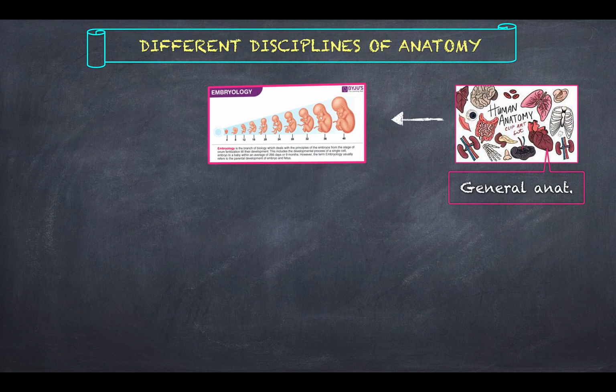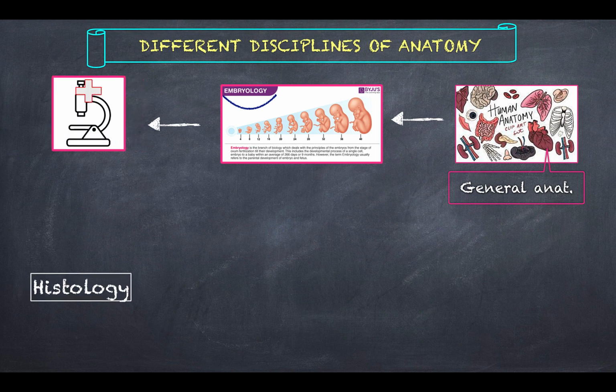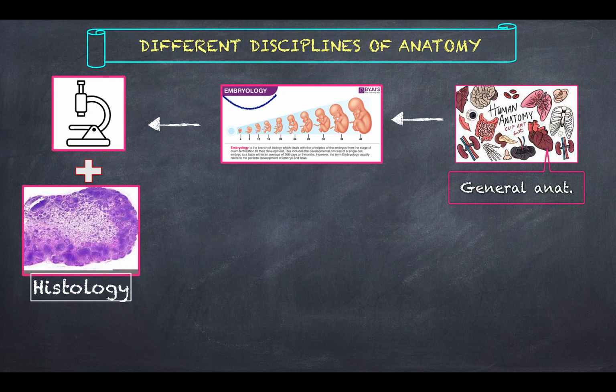General anatomy will include a lot of other things, but briefly. Then embryology will include all the stages from the single cell zygote till the birth of the fetus. And histology will go with the microscope and the slides, which will look like this, with staining. You will be taught the staining process also.